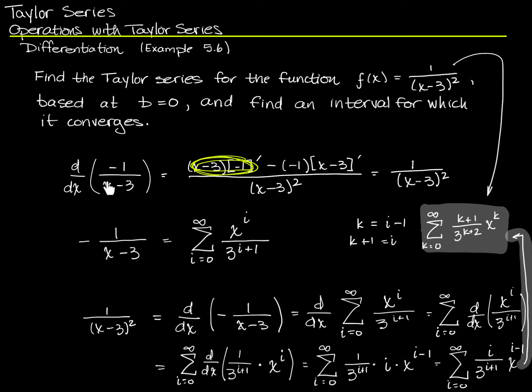Well, this thing is based on the function negative 1 over x minus 3, and we know from a previous result that the interval of convergence for this is negative 3 to 3, also known as the distance from x to 0 is less than 3. This is another equally valid way to write this.